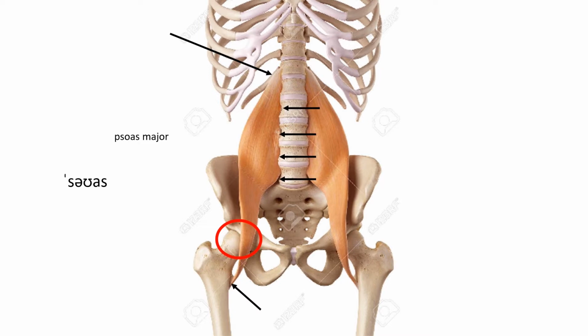So this is a very efficient, very strong muscle in flexing the hip joint, and it is called the psoas muscle. As you can see, the pronunciation is missing the P. The P is not pronounced.